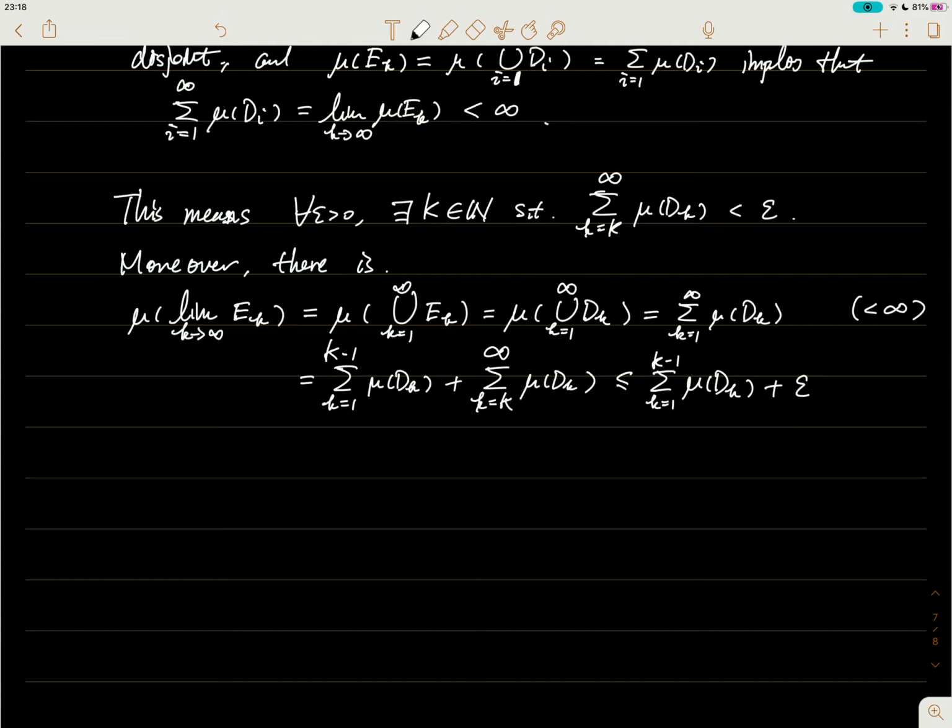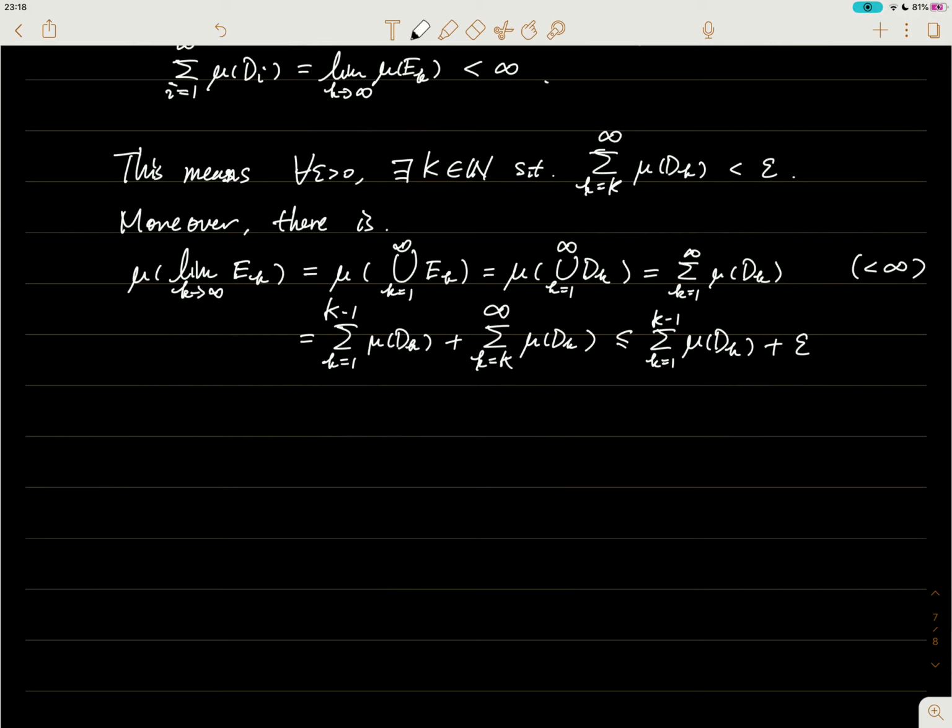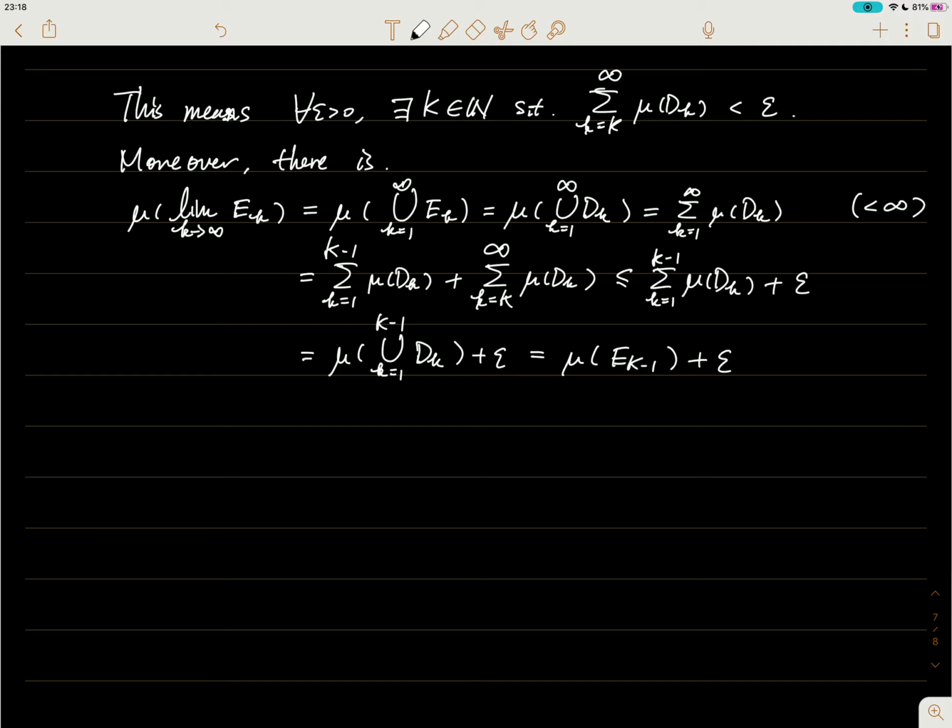The second term is just bounded by epsilon, right? And then this first term can also be written as the mu of the union of Dk from 1 to K minus 1. And then we know that the union of that is nothing but just E(K minus 1), right? And plus epsilon. So what we have shown so far is that for any epsilon, this is less than or equal to this plus epsilon.